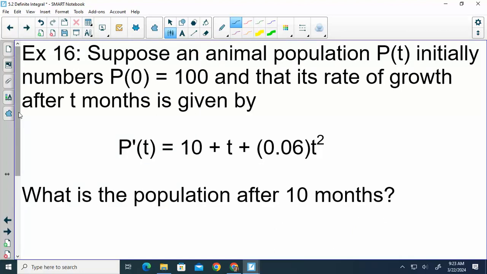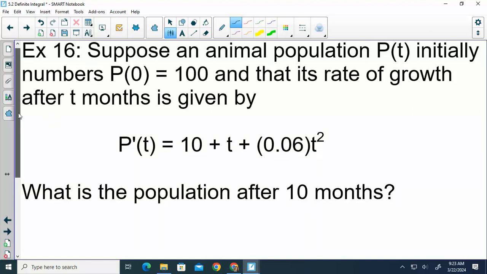Let's look at this one. Suppose an animal population, P of t, initially numbers P of 0 equals 100, and that its rate of growth after t months is given by P prime of t equals 10 plus t plus 0.06 t squared. What's the population after 10 months?